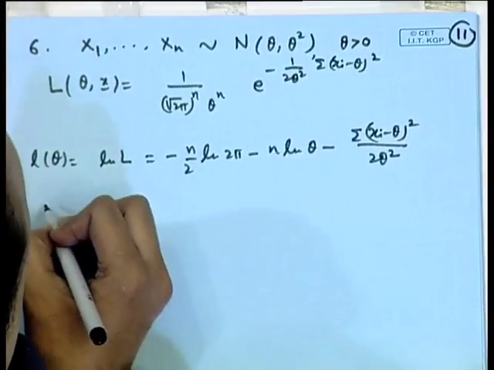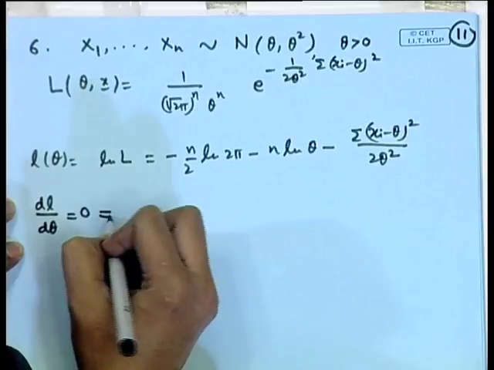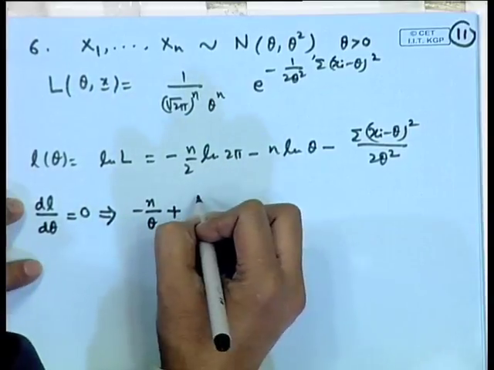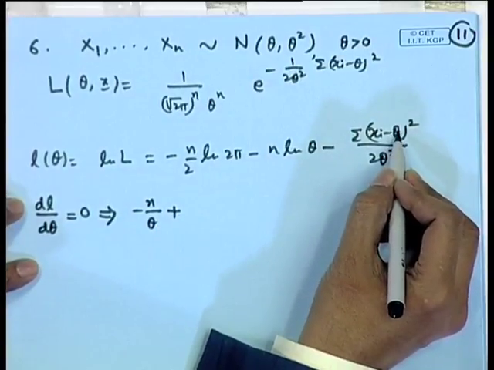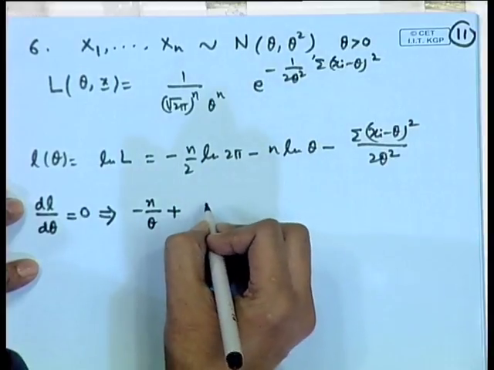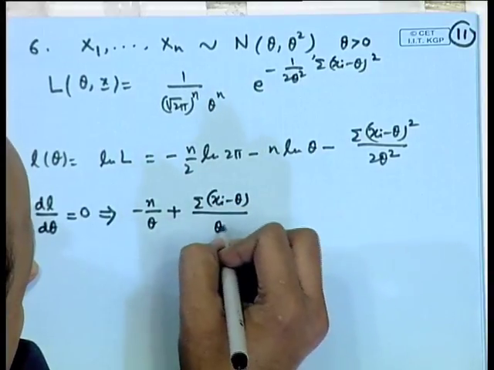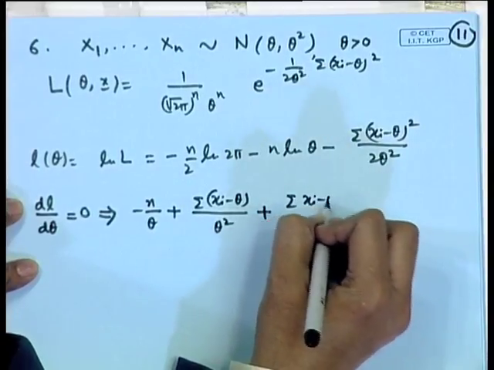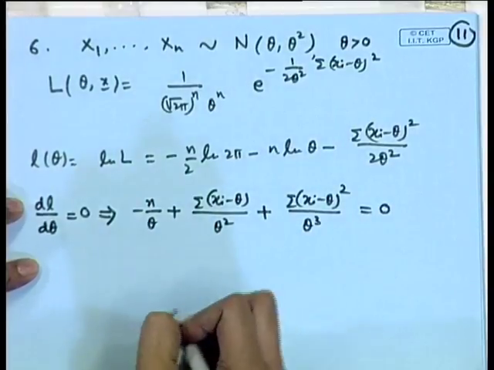So, what is the likelihood equation here? dL by d theta equal to 0 gives minus n by theta plus, now this term consists of theta in the numerator as well as in the denominator, so the derivative will come in two terms: sigma (xi minus theta) by theta square, plus sigma (xi minus theta) square by theta cube, equal to 0.